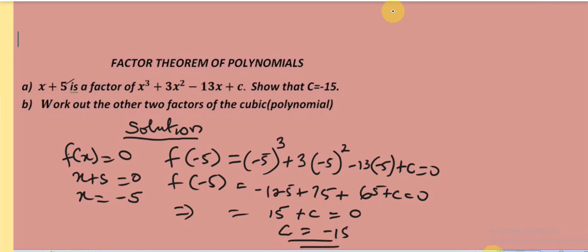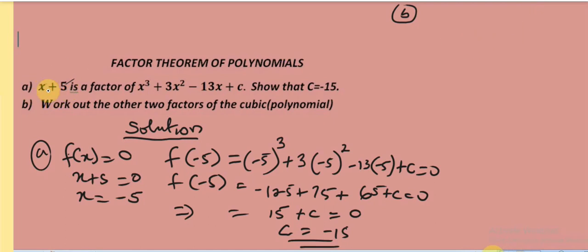Now, the B question says we should work out the other two factors. To work out the other two factors, I'm going to apply long division. I'm going to use this factor.